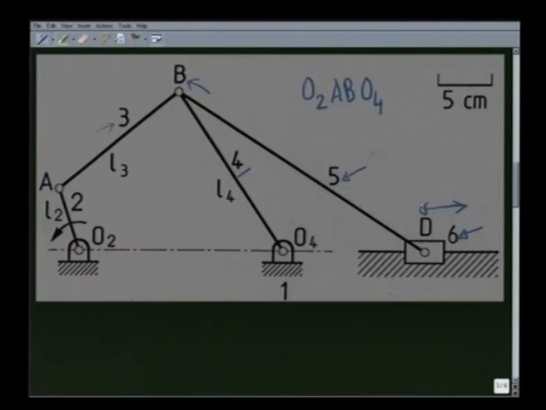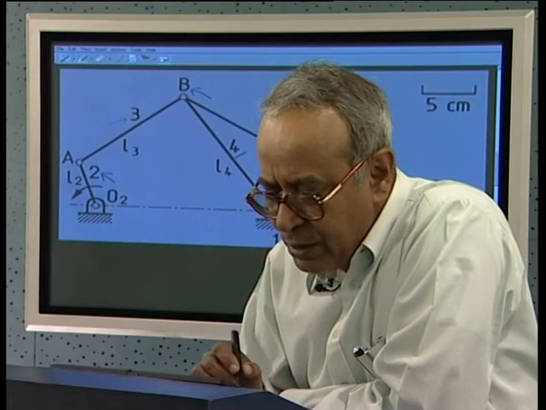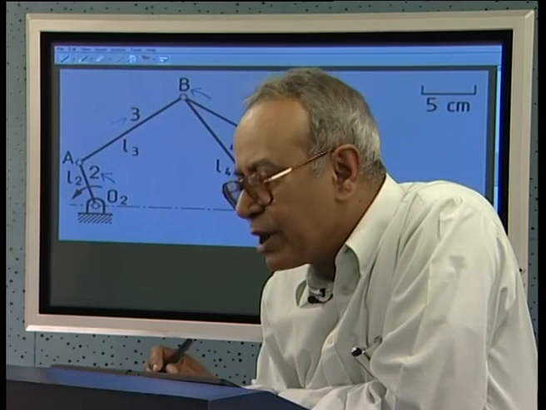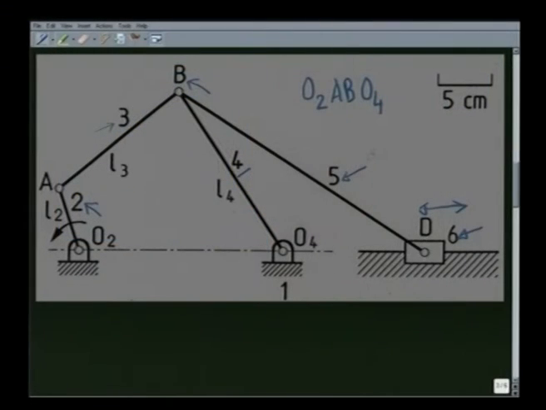The question is, if this link O2A, that is link number 2, rotates completely, what is the stroke length of the slider at D? The scale of the diagram has been shown here, that this distance is equal to 5 centimeter.